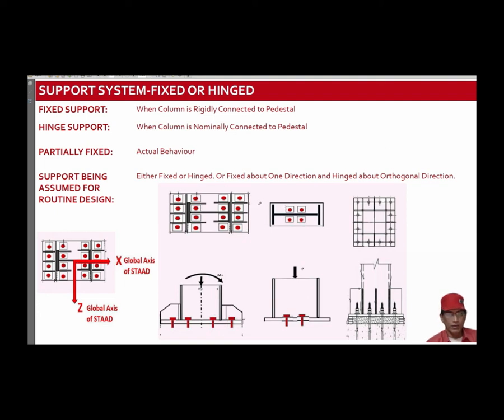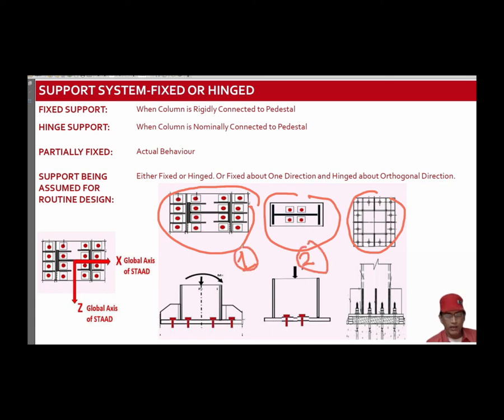Next, we have 3 figures: 1, 2, 3. Figure 1 shows an anchor bolt arrangement in which the column support is fixed about one direction, but it is not fixed about the other direction. Figure 2 is the anchor bolt arrangement for a hinge support, that is, it cannot take any movement in any direction.